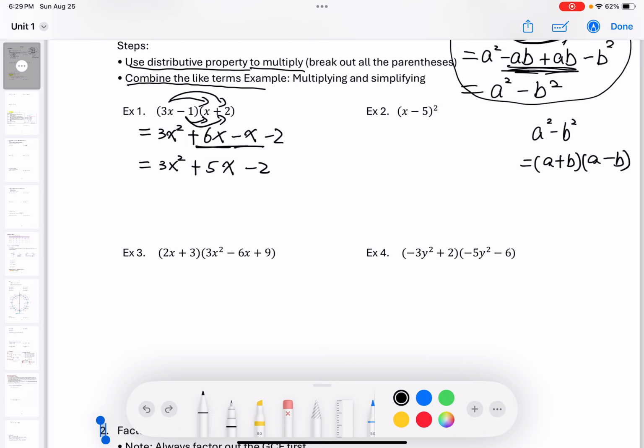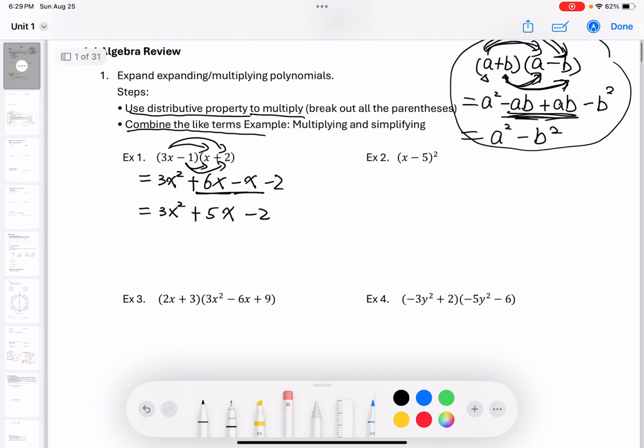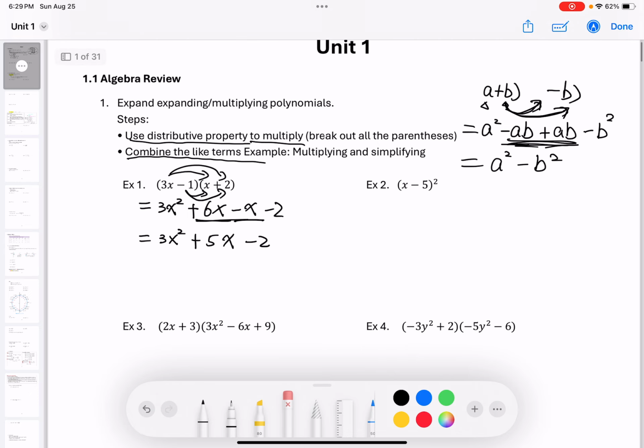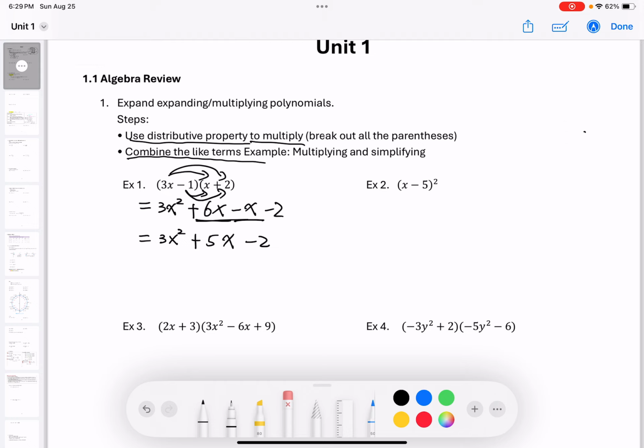Okay, let's see the next example. Next example, x minus 5 squared. This is a perfect square. So let's put the formula here. What is the formula of the perfect square? It is a plus b squared is equal to a squared plus 2ab plus b squared.